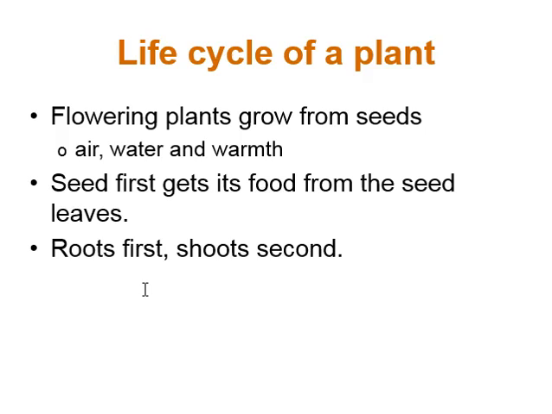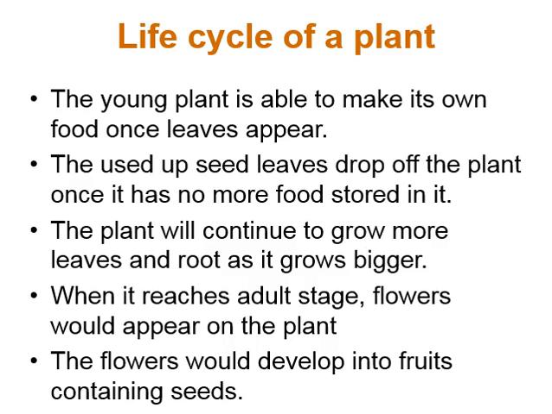The shoot is what grows upwards, and the roots grow downwards. All right. Now, once the seed has germinated, and the seedling has roots and shoots, it will continue to get its food from the seed leaves, until the food in the seed leaves is depleted.